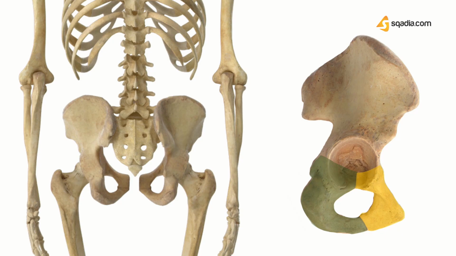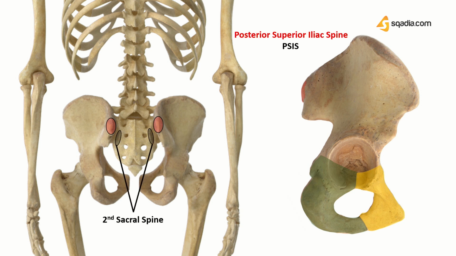Again, you can perform a lot of procedures, such as inguinal surgeries for hernias, after getting to this particular point. Now we have another important landmark, the posterior superior iliac spine, which is marked by a dimple 4 centimeters lateral to the second sacral spine.